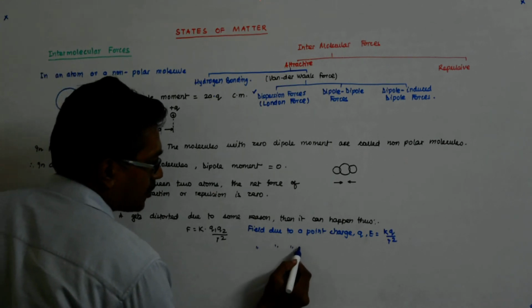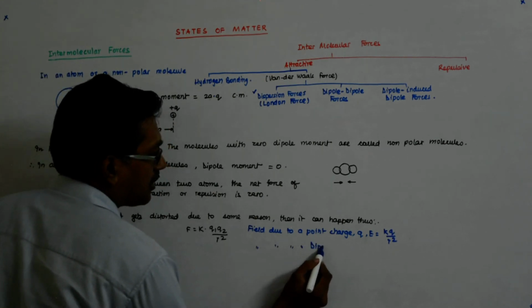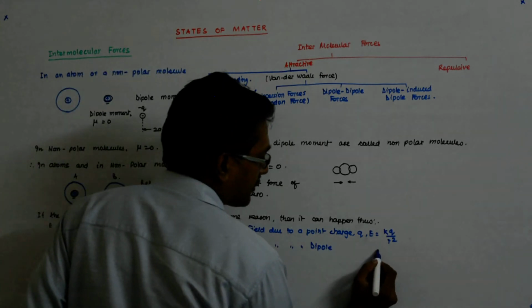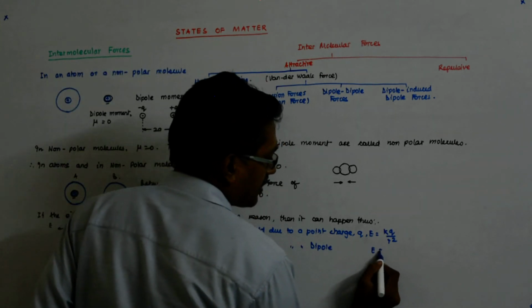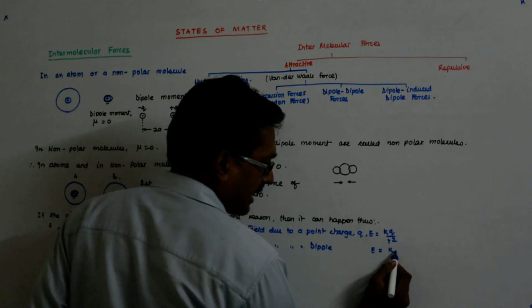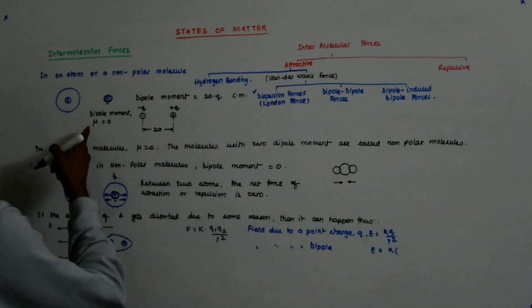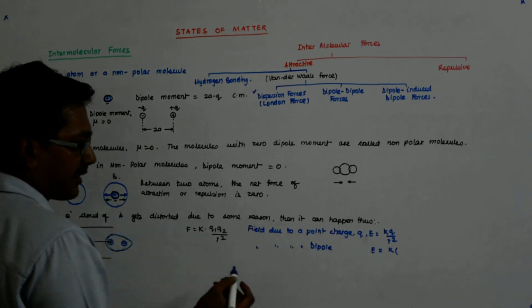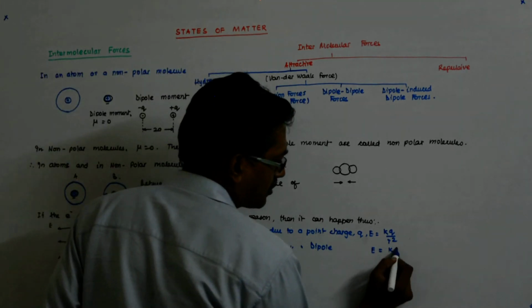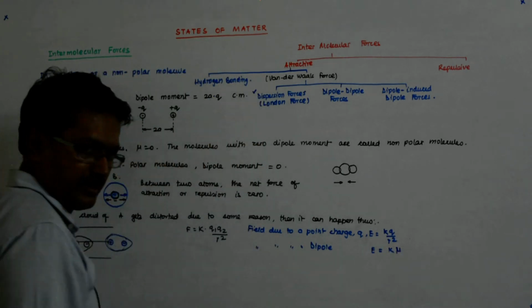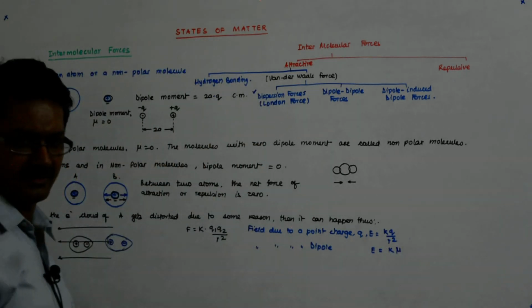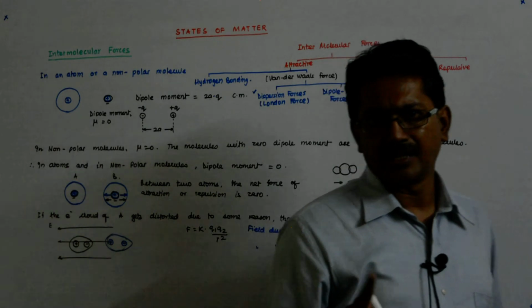Field due to a dipole is given by E equal to K into, it now starts depending on the dipole moment. So mu, however in physics we call it P. In physics the same thing is termed as P and not as mu.